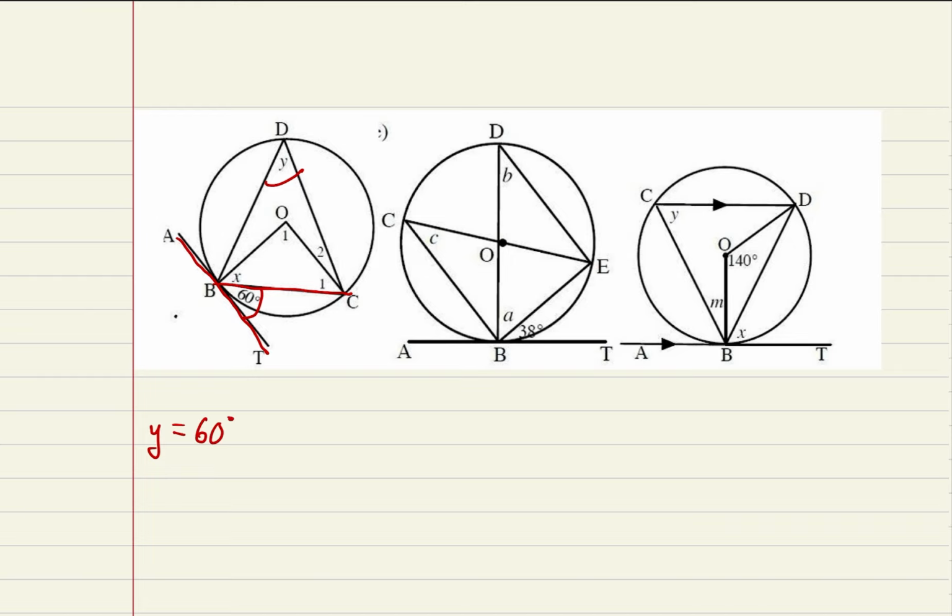Why is y 60 degrees? This is the tan chord theorem. Again, this is a radius, hence this will be 90 degrees. So x is equal to 90 degrees minus 60 degrees.